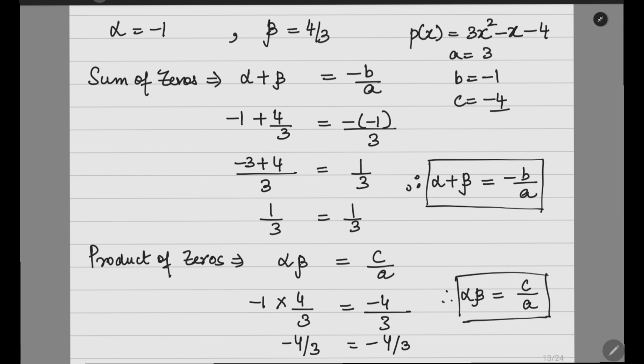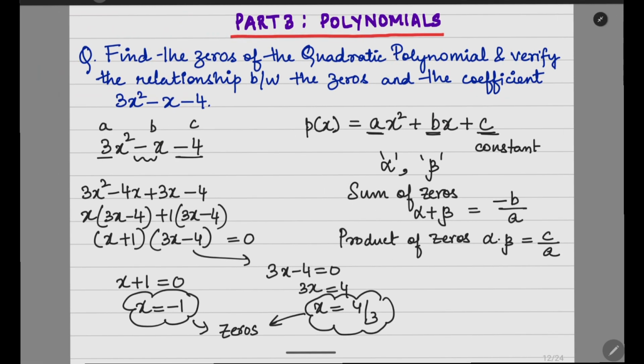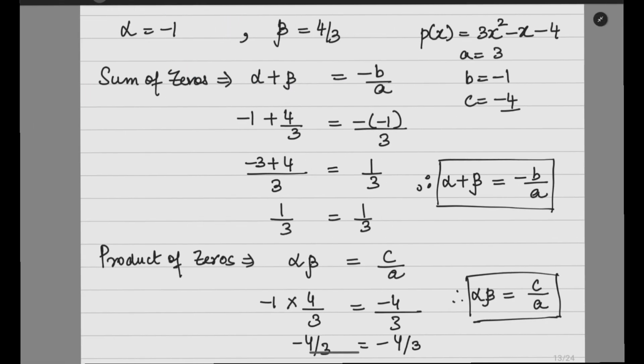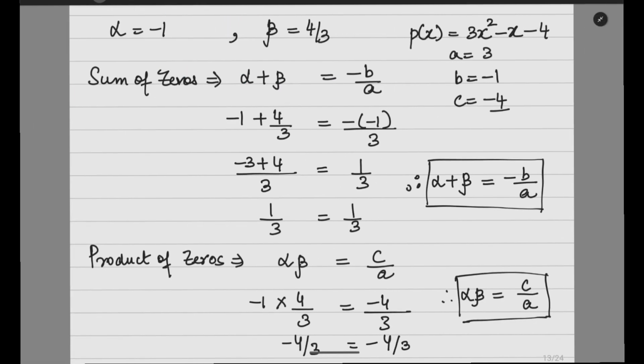So what was the question? You have to find the zeros, and you have found them. These are the zeros, right? Minus 1 and 4 by 3. And also verify the relationship between the zeros and the coefficients. So you have done that as well. So this is how you have to do it.